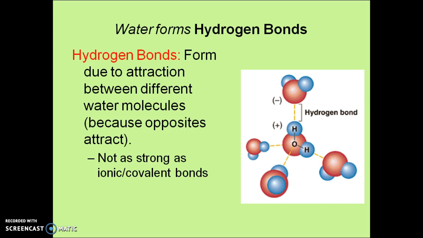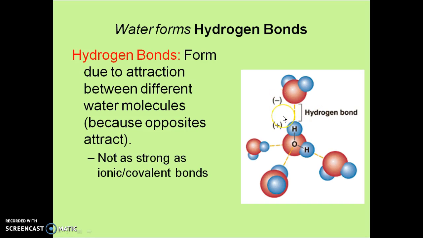Now, because each water molecule has a slightly negative oxygen end and slightly positive hydrogen ends, we end up with water molecules that come close to one another, forming something called a hydrogen bond. Hydrogen bonds form between the hydrogen end of one water molecule and the oxygen end of another because their opposite charges attract.